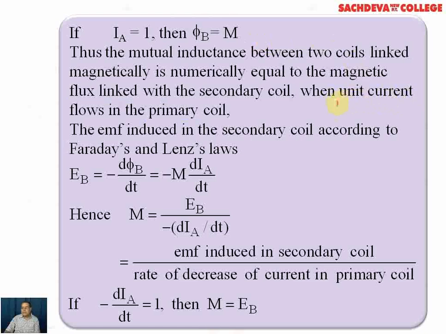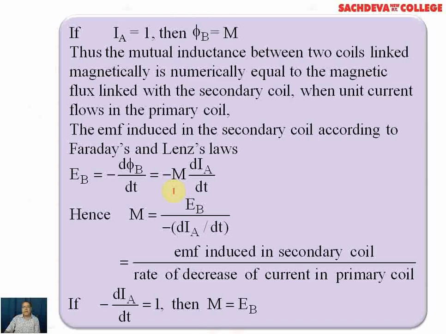The EMF induced in the secondary is according to Faraday's and Lenz's law. So, in the equation, in coil B, the EMF induced is given by minus d phi B by dt, and this obeys Lenz's law. Lenz's law basically indicates the direction. It is an improvement on Faraday's law, because Faraday's law gives no direction, whereas Lenz's law gives the direction.